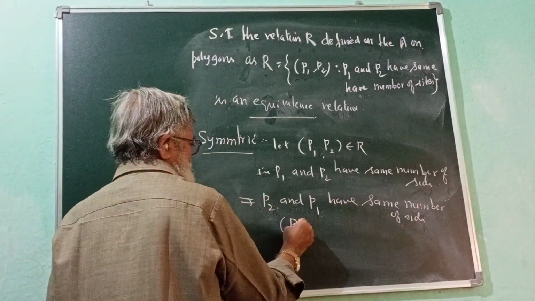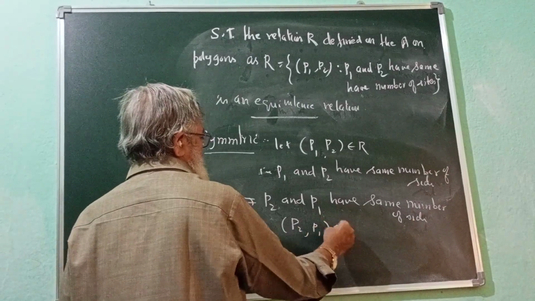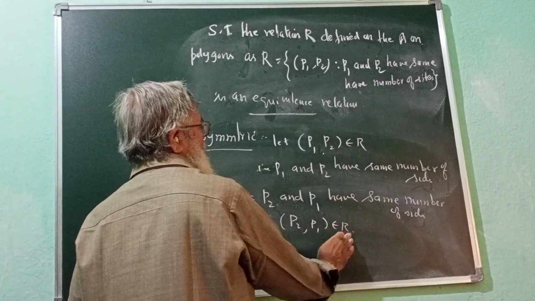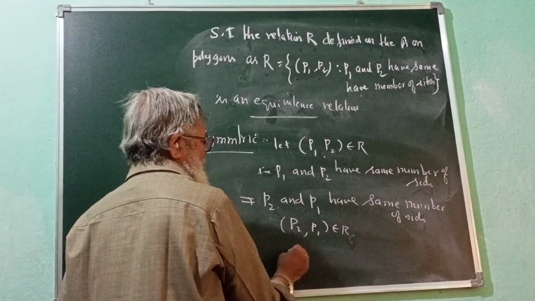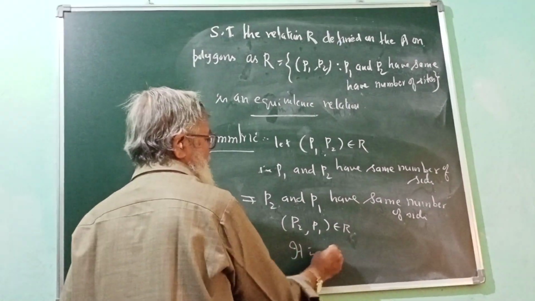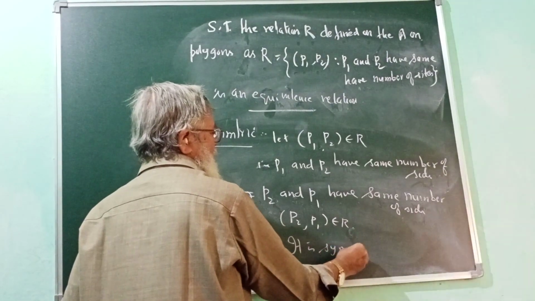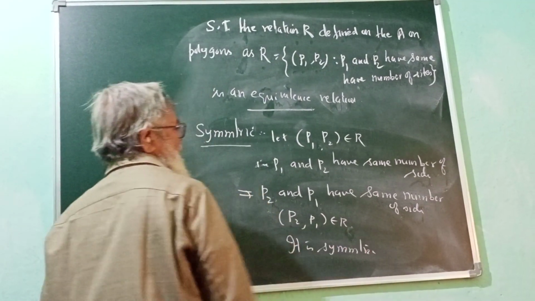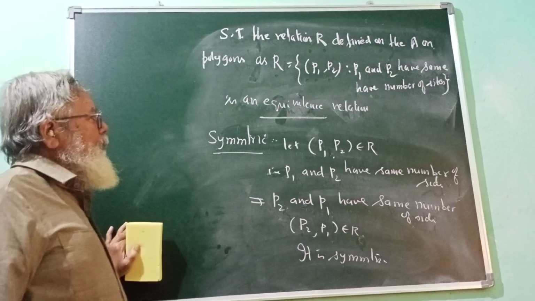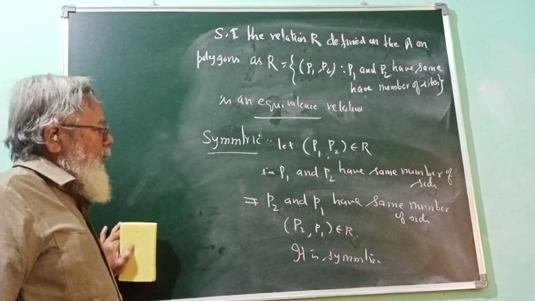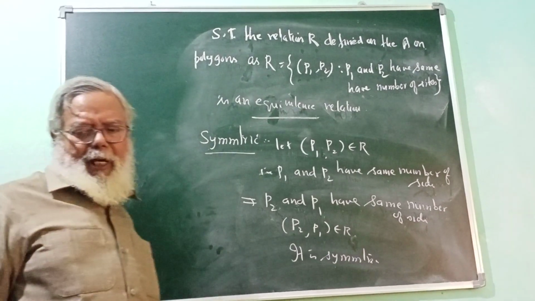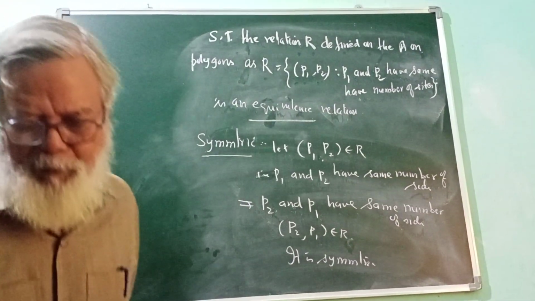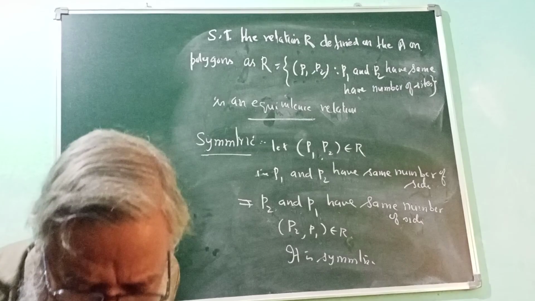The meaning is that (P2, P1) belongs to R. So we supposed (P1, P2) belongs to R and proved that (P2, P1) belongs to R. It is symmetric. Now we are required to check for the transitive.